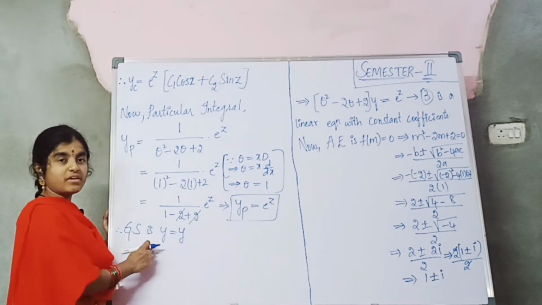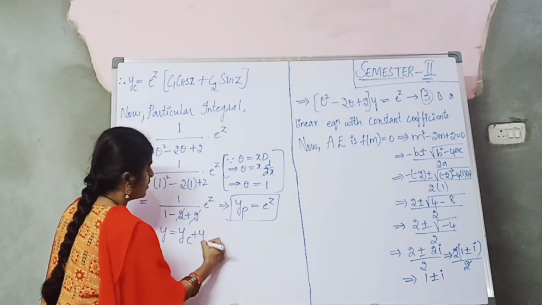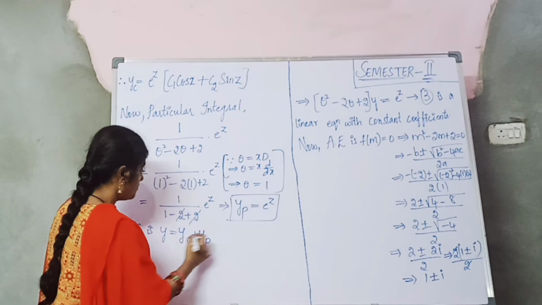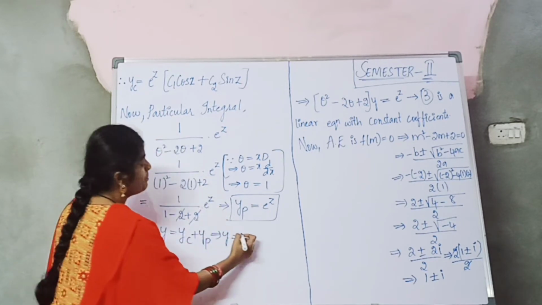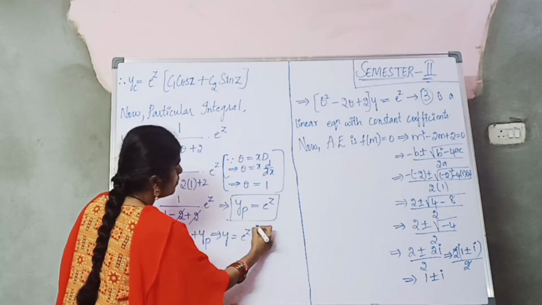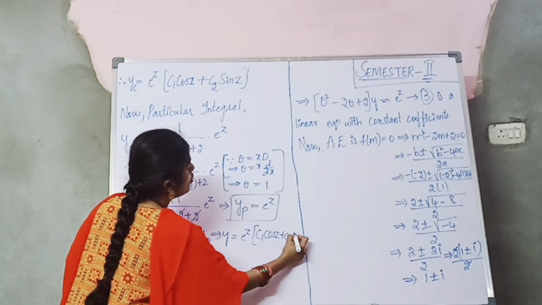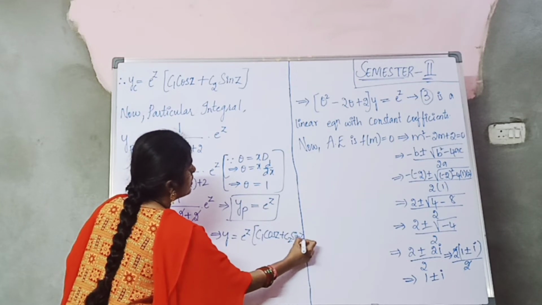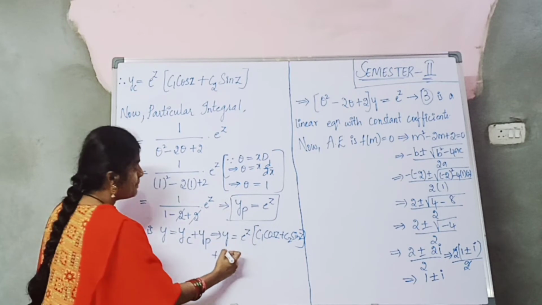Now therefore the general solution is y equals to yc plus yp. So that implies here y equals to, what is yc? e power z into c1 cos z plus c2 sin z plus, what is yp? e power z.